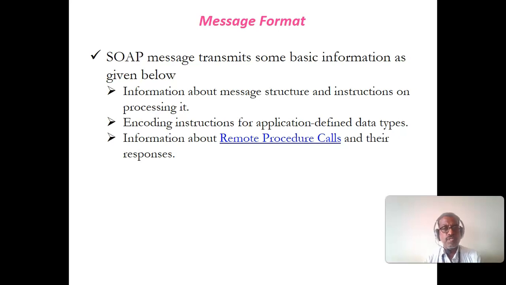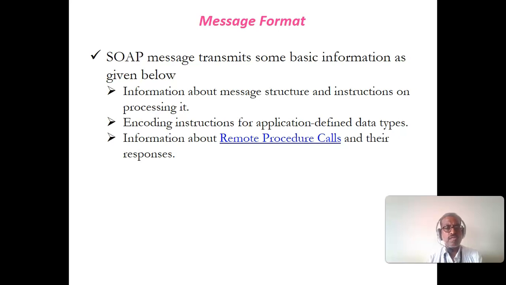Second one, encoding instructions. See, there are several encoding techniques, UTF-8, 16, 32 and so on. In such cases, what the encoding instruction is and how the encoding instructions are exchanged between the nodes is done by SOAP.